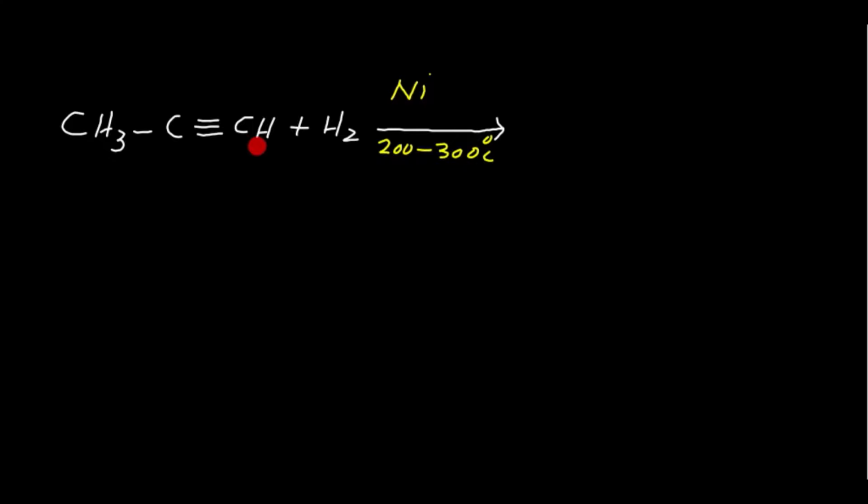Now we will write what product is formed. Again, hydrogen is added at the site of the multiple bond. So here hydrogen is added at the first stage. This is propyne. At the first stage, propyne is converted into propene. Now we write the structure of propene. We will get CH3 CH double bond CH2. Right students? So in this way, propyne is converted to propene.